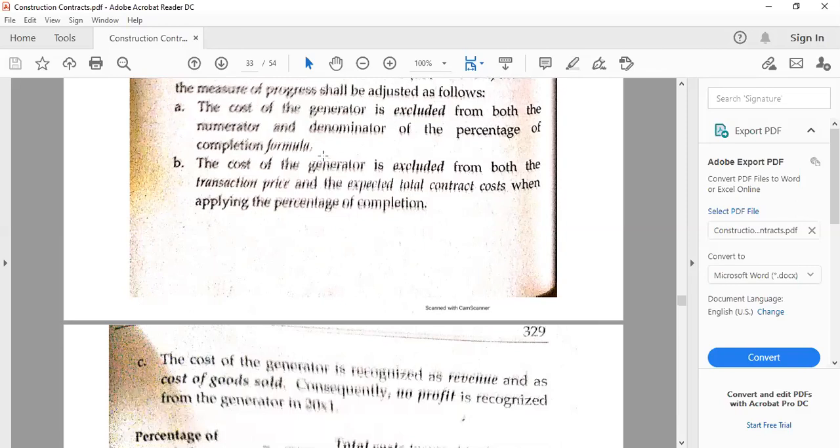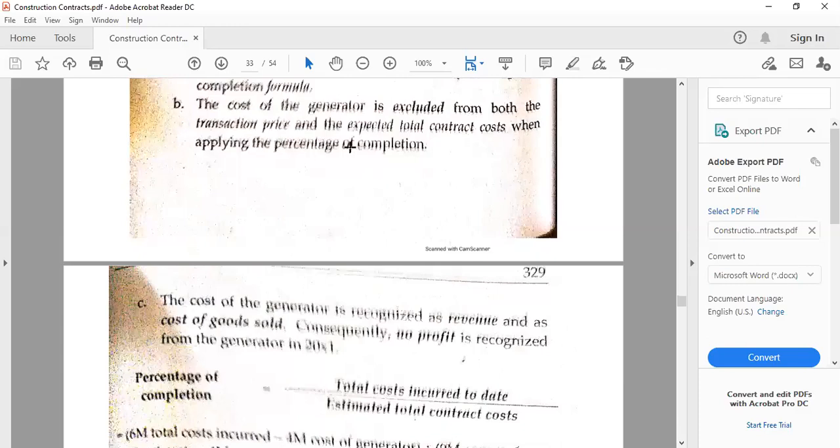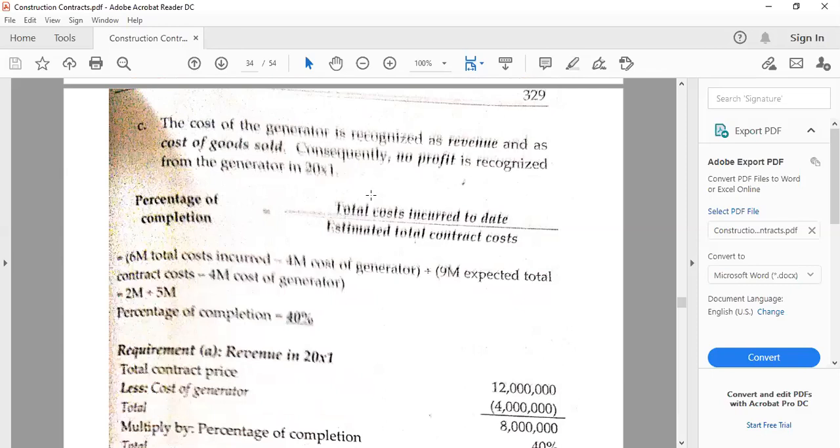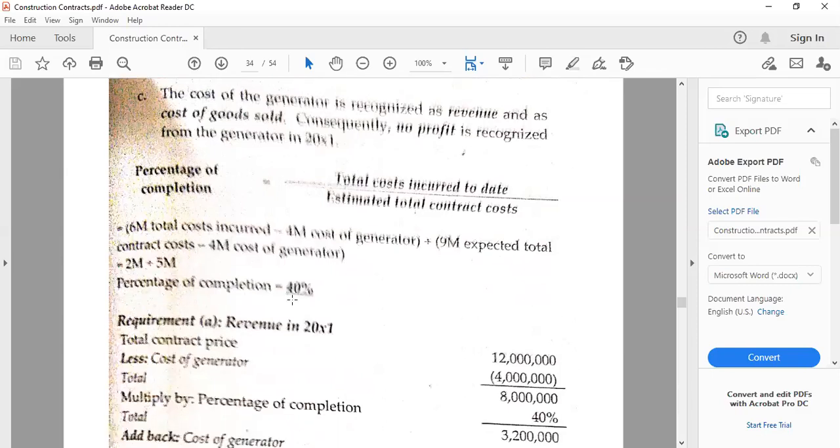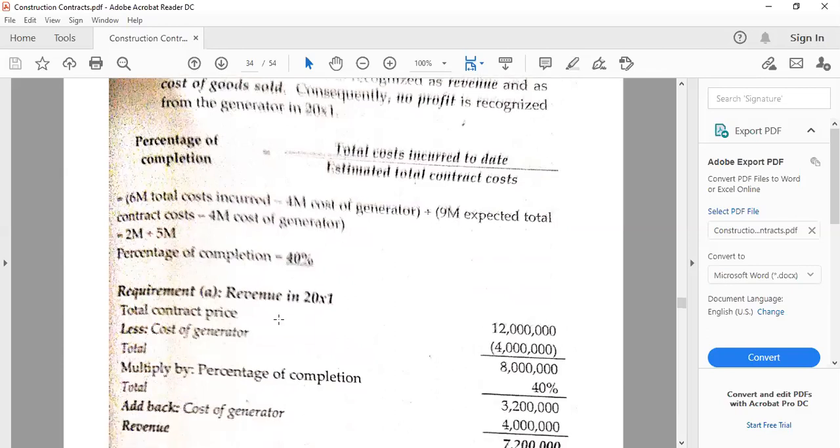So we have to exclude from both numerator and denominator, and then exclude from both the transaction price and the expected total contract cost when applying the percentage of completion. So for the percentage of completion, we have deducted 4 million from the numerator and denominator, thereby getting 2 million divided by 5 million, or 40% as the percentage of completion.